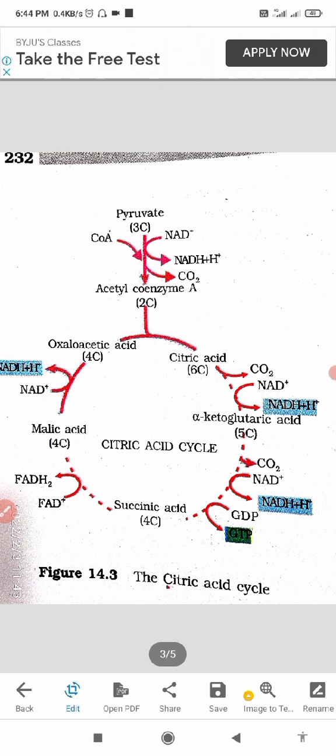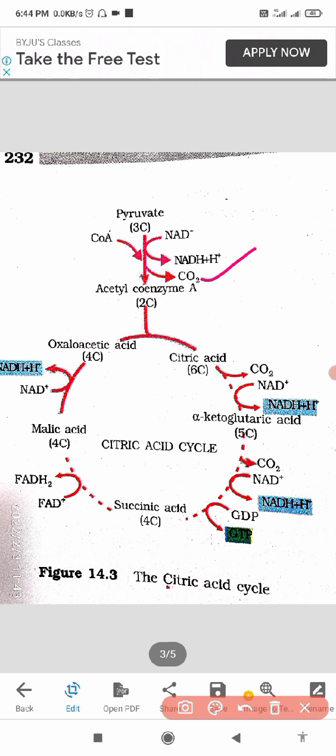So on the pyruvate molecule, again the action of NAD plus results in electron absorption, and NADH plus H ion is produced, with the release of one molecule of carbon dioxide in the first step.